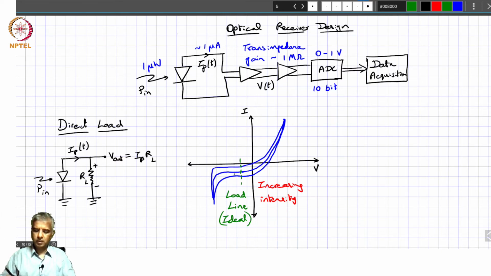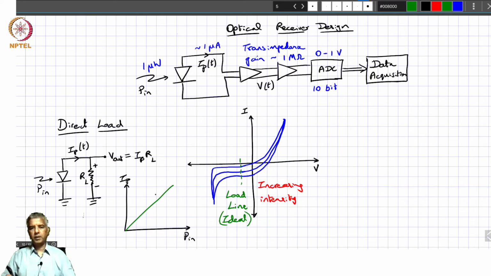In other words, if we were to look at this photocurrent as a function of P in, in the ideal case it should be like this. It should increase with the incoming optical power. But what is happening in this direct load?